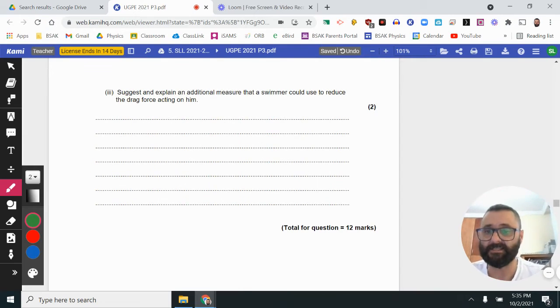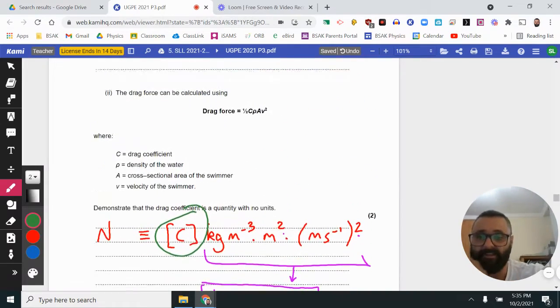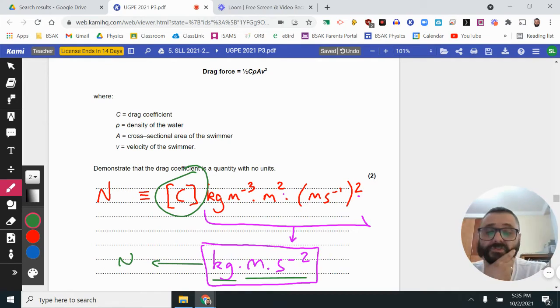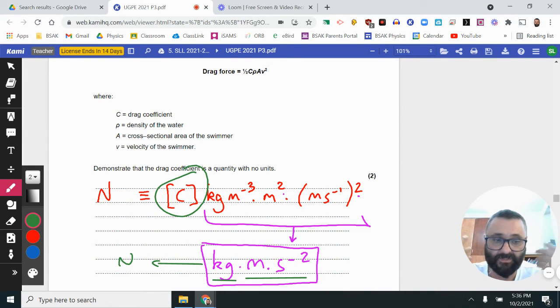Last question. Suggest and explain an additional measure that a swimmer could use to reduce the drag force on him. Right, okay. A lot of you, well, the obvious one would be to become more streamlined. If you look at Olympic swimmers, professional swimmers, a lot of them have these tight fitting swimsuits that reduce drag.